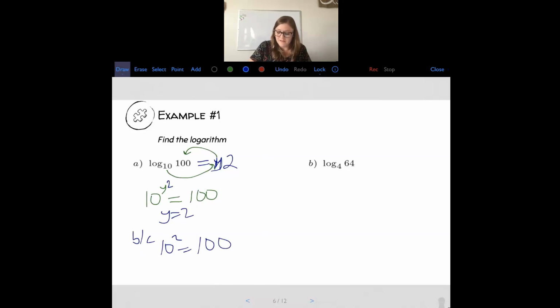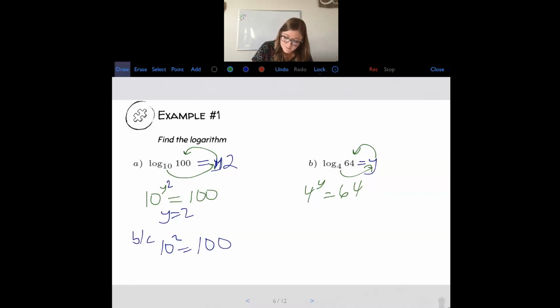Looking at part B, we have log base 4 of 64, and we want to know what that is equal to. I set it equal to y, and this allows me to convert it to an exponent. So I have 4 to the y is equal to 64. And so we're finding 4 to what power is equal to 64.